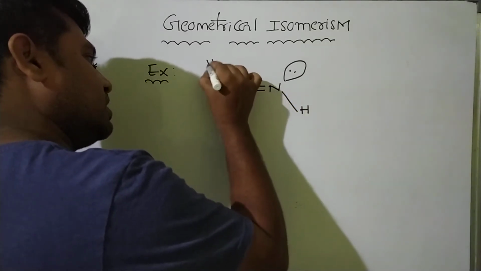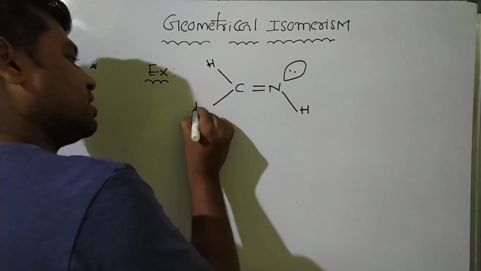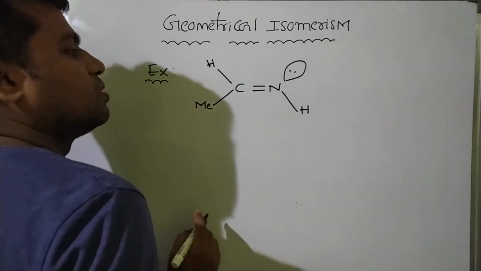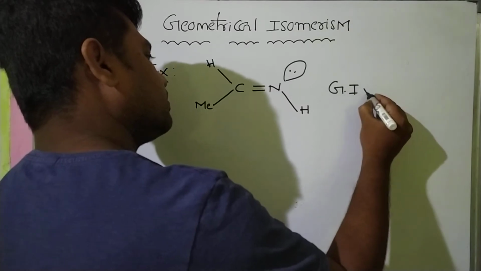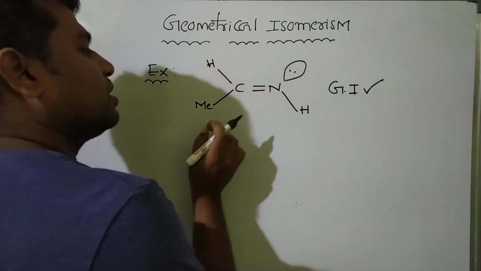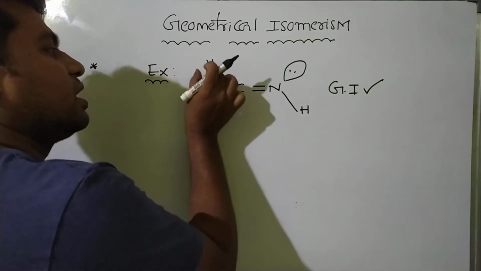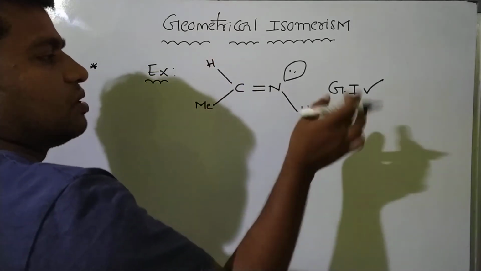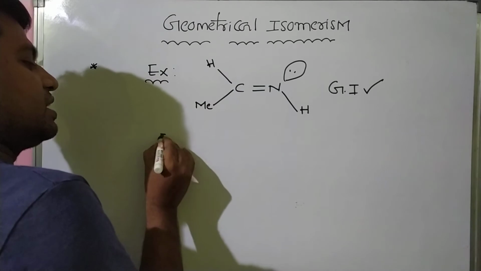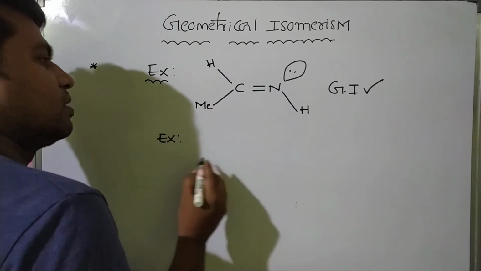Here hydrogen, here some methyl group. So this will exhibit geometrical isomerism. No doubt. Why? Because this methyl group and this hydrogen atom are different. Okay, understanding?